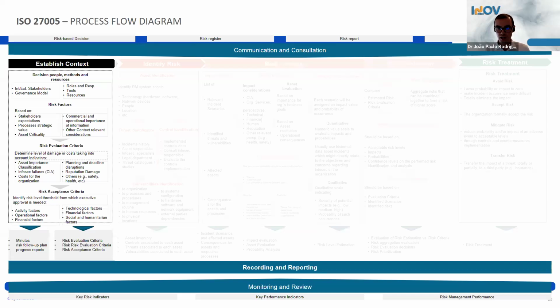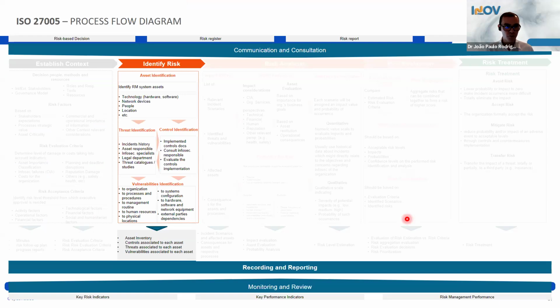Then the risk evaluation criteria is defined based on the asset importance, the cost for the organization, and disruption consequences. Then the risk acceptance criteria must be defined, taking into account several factors like activity, operation, finance, technology, social, and so on. The outputs are the risk follow-up plan, progress reports, risk evaluation criteria, and risk acceptance criteria. So those are the outputs of this phase.